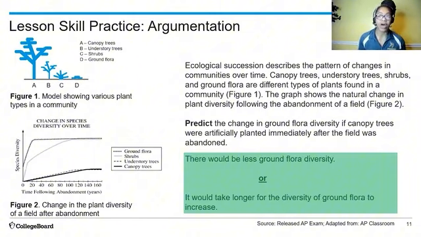That takes a whole lot longer than some of these smaller shrubs and ground flora, which would be like mosses and things like that. So while the trees are slowly growing, that gives the ground flora an opportunity to get a leg up and begin to reproduce and establish their populations.